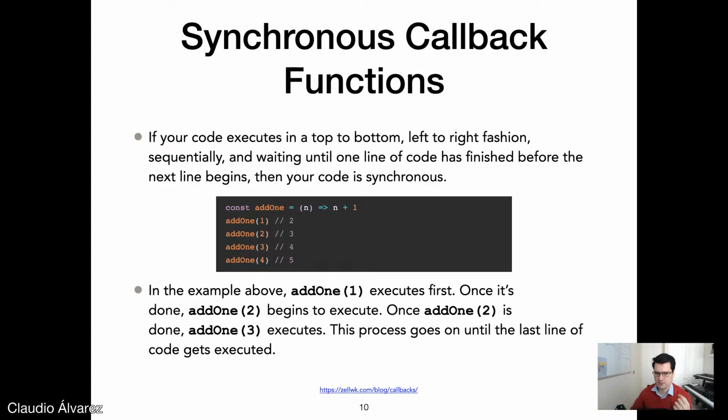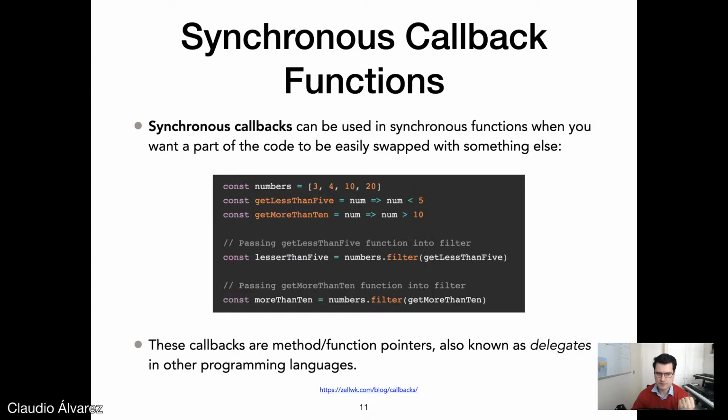So the function will simply increment and return the value that's passed on as a parameter. So we've got add1, add1 again, and add1 again, and we see how the value increases each time. So this is completely synchronous. One step is performed after the previous.